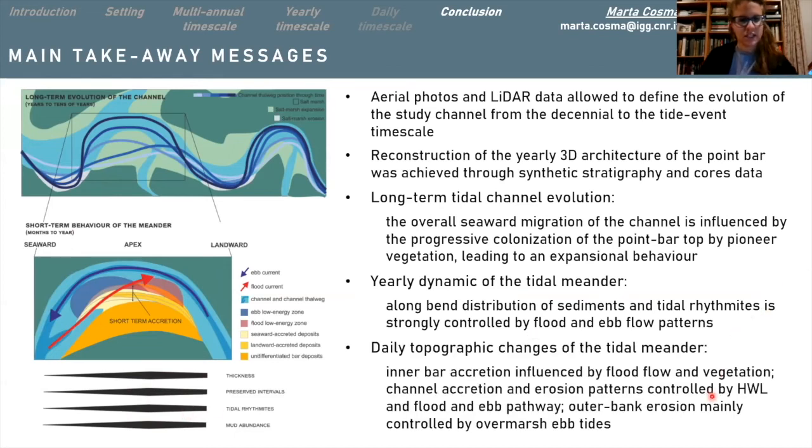And again, the daily topographic change of the tidal meander, as I was saying before, shows that this portion of the bar is definitely influenced by the flood flow and by the vegetation occurring here, whereas the channel accretion shows a really complex pattern dependent on the high water level, and the outer bank is controlled by overmarch ebb tides.